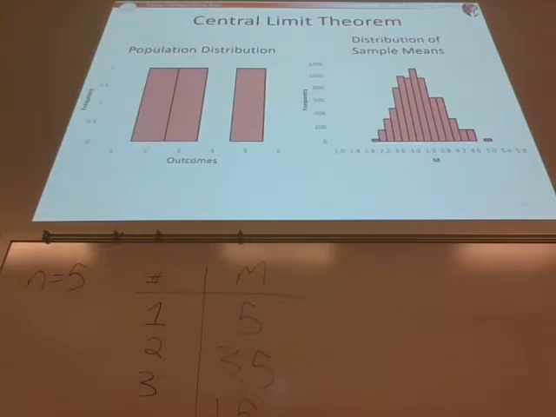And you can see that even with this bizarre population distribution, once you go to a sample size of 5, we're already getting a distribution of sample means that is looking like a normal curve. We are almost to the point where we can open up appendix number 1 and start doing some real statistical work.